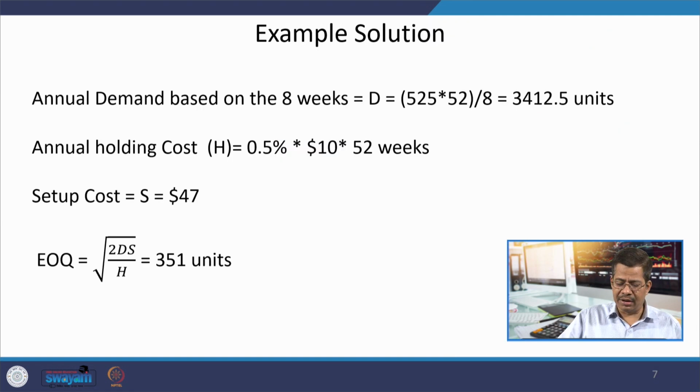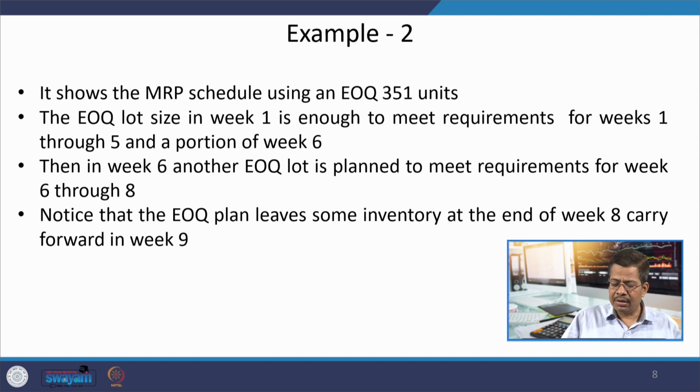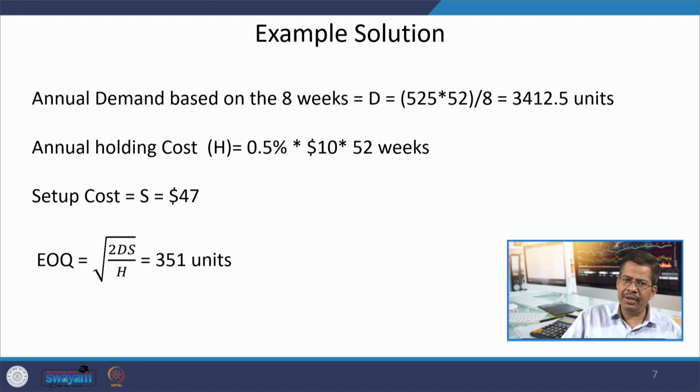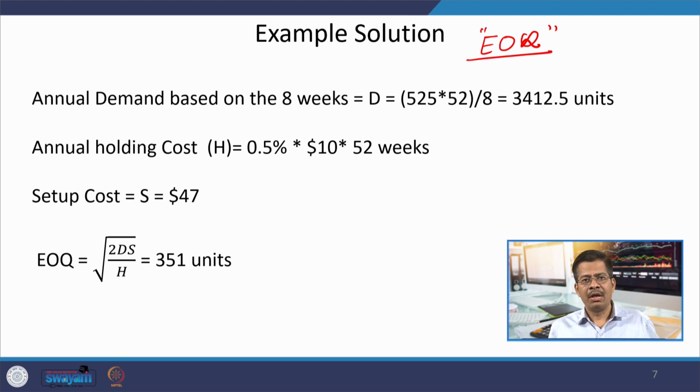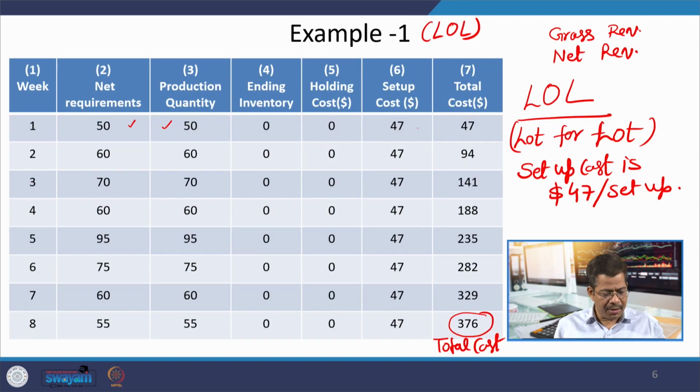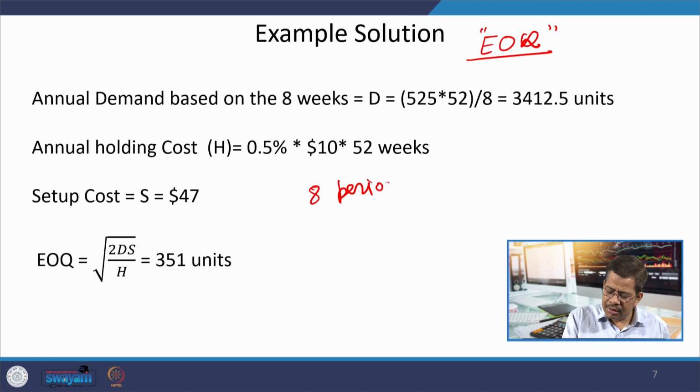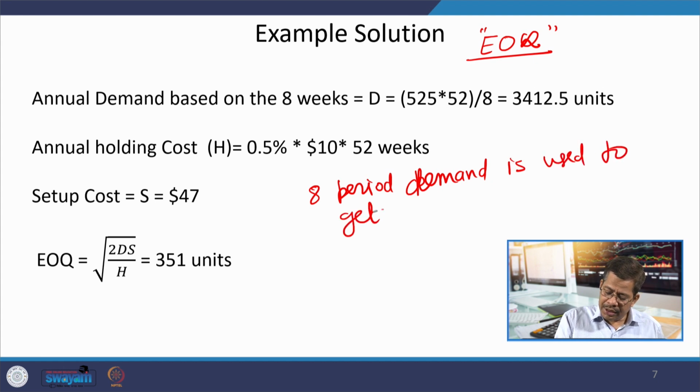Now, let us move further, and in this second example we are going to have a system which is based on EOQ. Our annual demand is something, and the demand for 8 periods is given to us, and this 8 period demand is used to get annual demand.